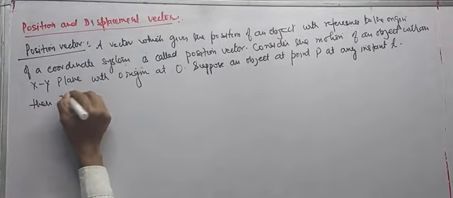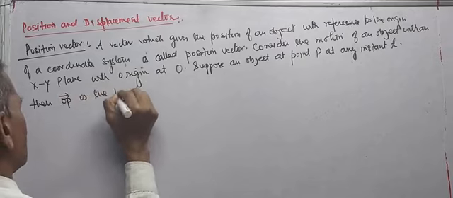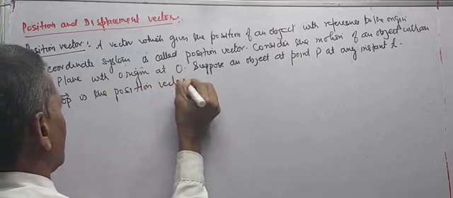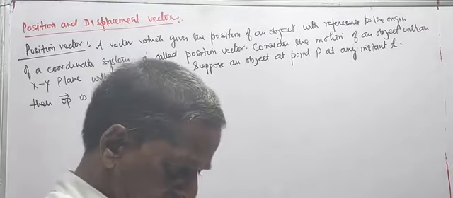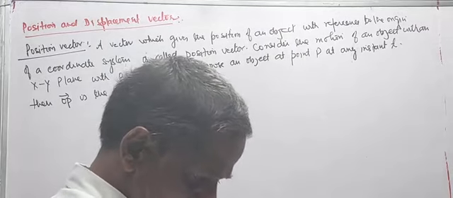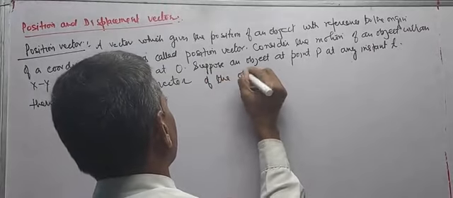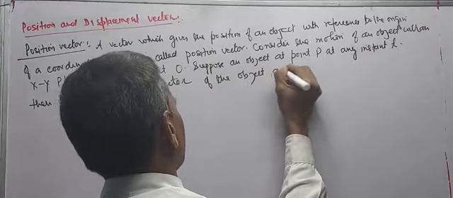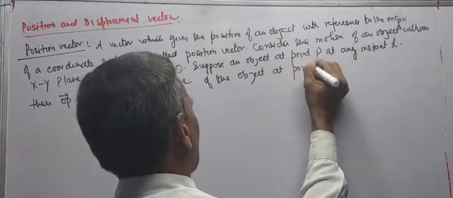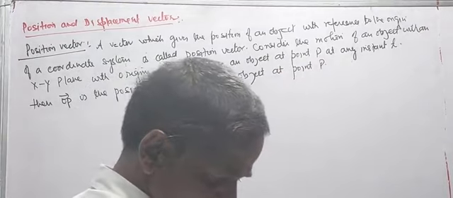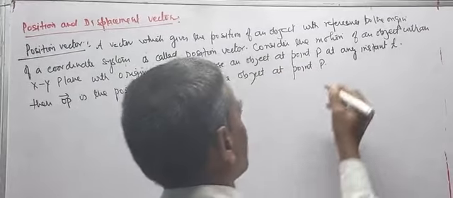Then OP is the position vector of the object at point P.